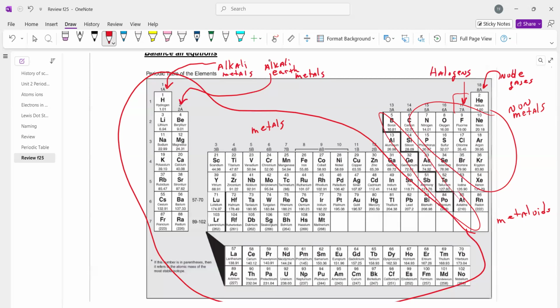So you can bring highlighters if you want, just to make sure that I understand your identification.